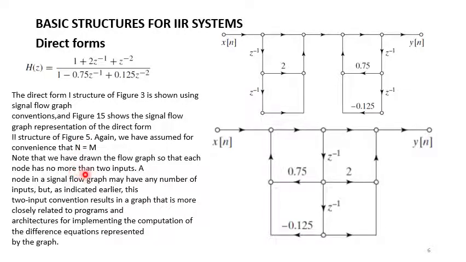Note that we have drawn the flow graph so that each node has no more than 2 inputs. A node in a signal flow graph may have any number of inputs, but as indicated earlier, this 2-input convention results in a graph that is more closely related to programs and architectures for implementing the computation of the difference equations represented by the graph.